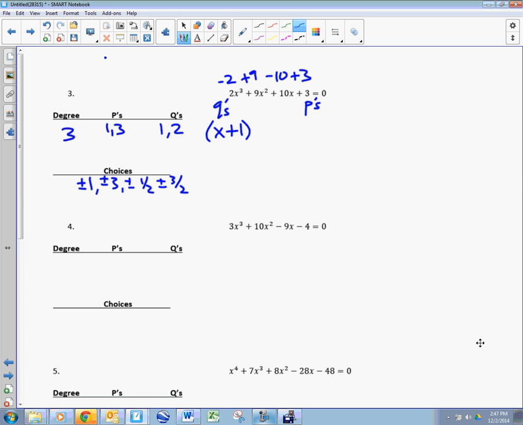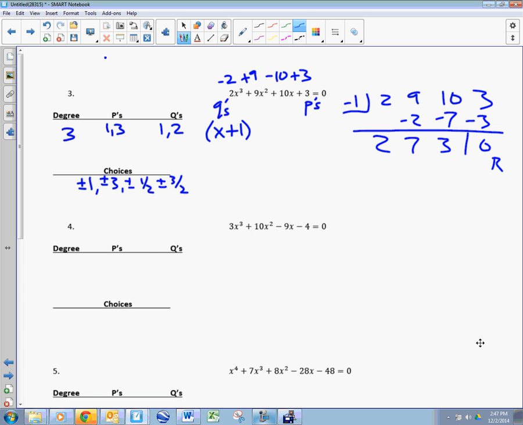So, -1 works, so what's a factor? X plus 1. Let's divide it, folks. What should my remainder be? 0. I get 2x squared plus 7x plus 3. Does that factor? Oh, come on.